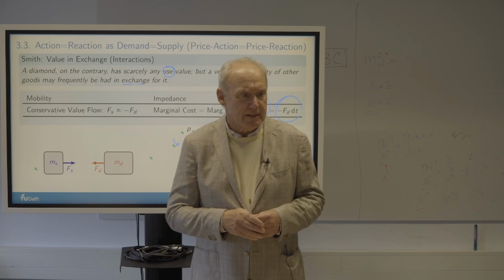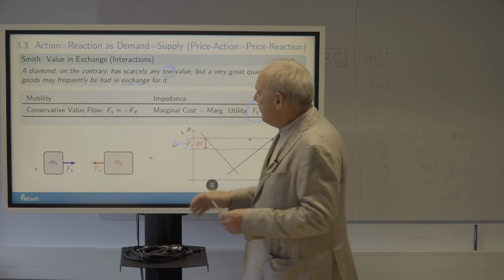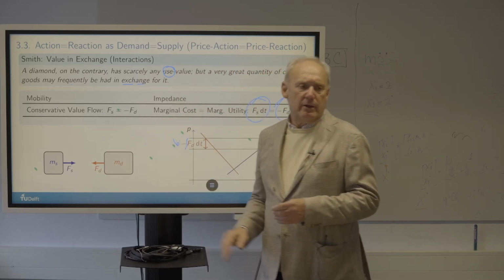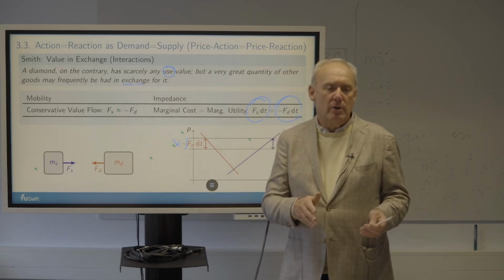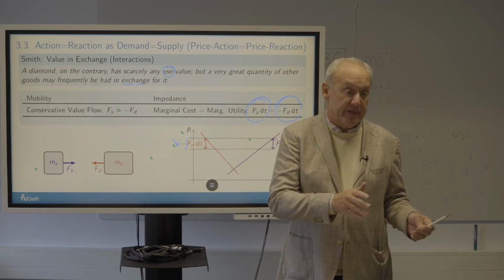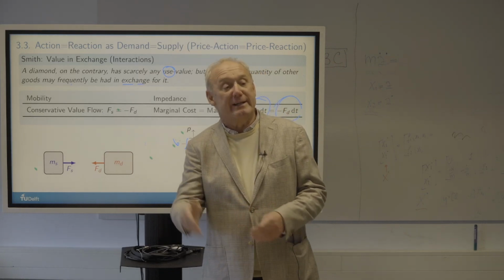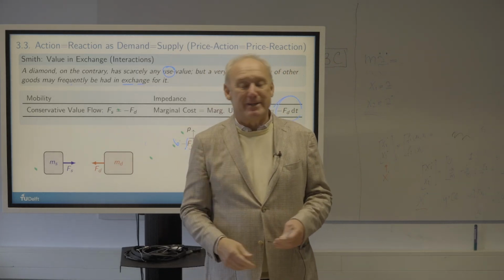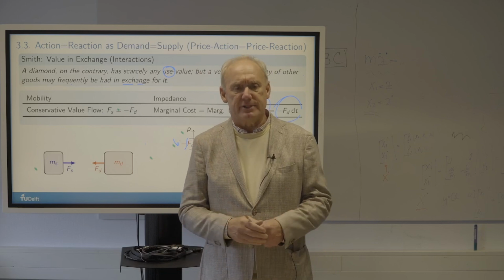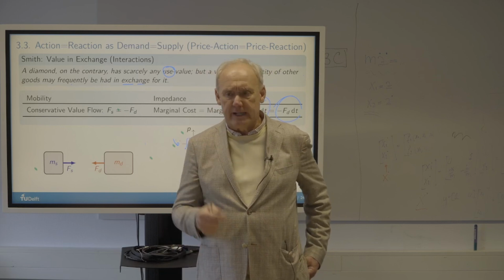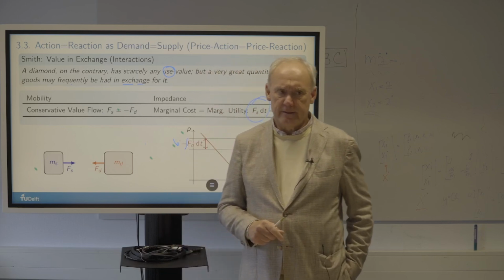What do I care? But that's not the right way to look at it. What you want to see is: I need water, and somebody else who also needs water happens to have a lot of it, so he's willing to part with this water and give it to me, and I give him something that he wants that I don't have. So it's a value in exchange, not a value that you imagine.